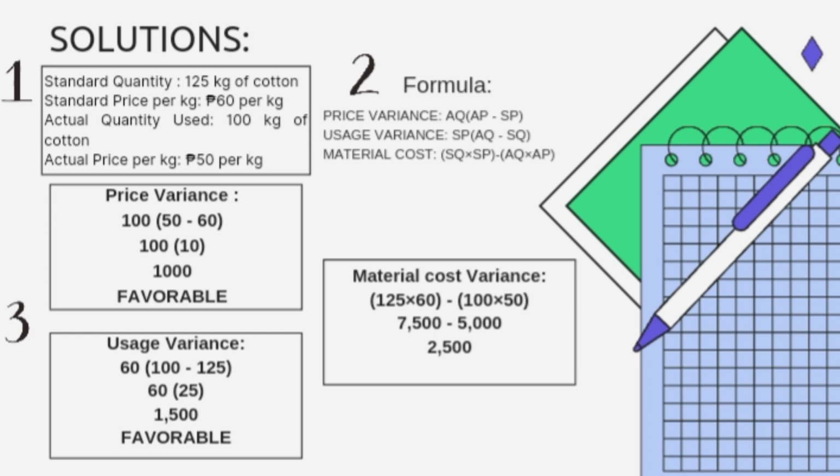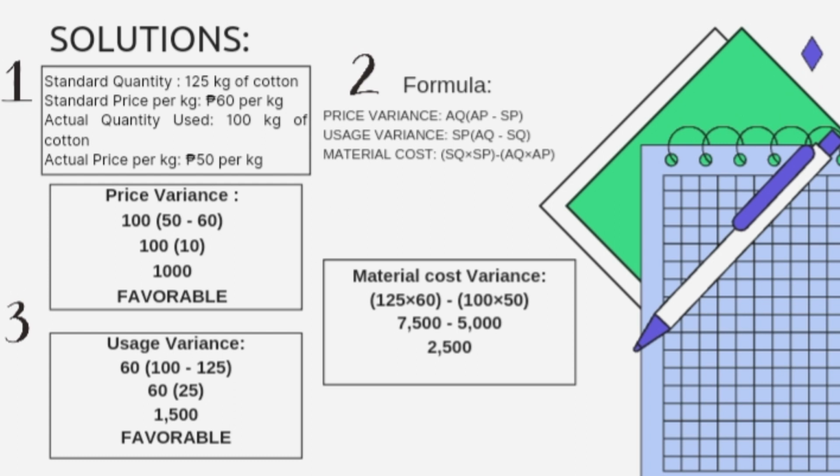And now for the material cost variance. The formula is standard quantity multiplied to standard price minus actual quantity multiplied to the actual price. So it is going to be 125 for standard quantity multiplied to the standard price, which is 60, and then actual quantity is 100 and the actual price is 50.